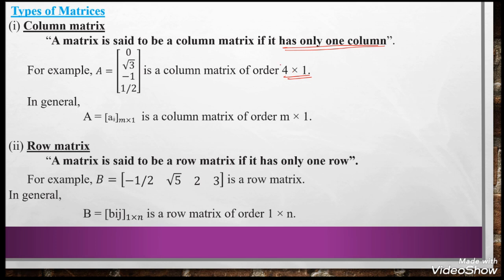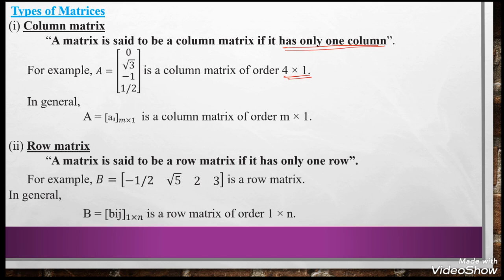Always rows are written first. In general, a column matrix A containing the elements aij is of order m cross 1. The column of this matrix is always 1.